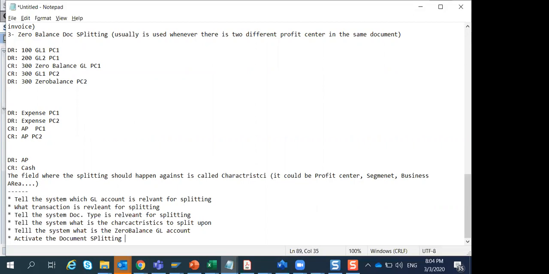So you activate document splitting for everybody and for your own company code. If someone's company code was working but stops after we activate document splitting, that means they haven't deactivated it for their own company code. I'm not going to go deeper here because you'll see it with your own eyes.